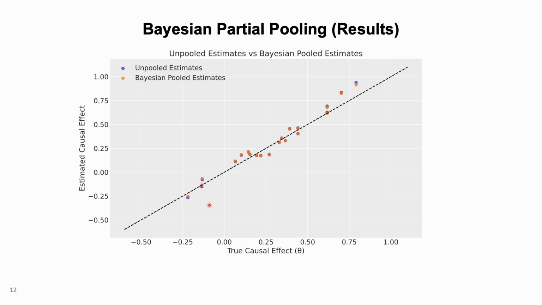So we can see that the orange point estimates, which come from the Bayesian pooling results, are closer to the diagonal line compared with the blue dots representing the unpooled estimates. So the Bayesian partial pooling helps to improve the point estimate accuracy to a certain extent.